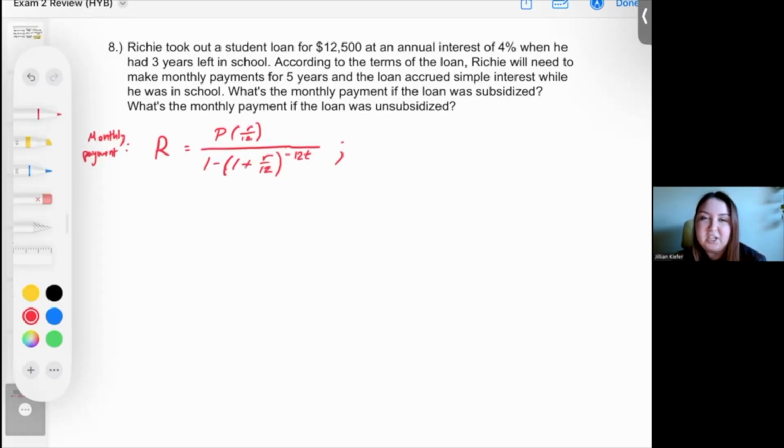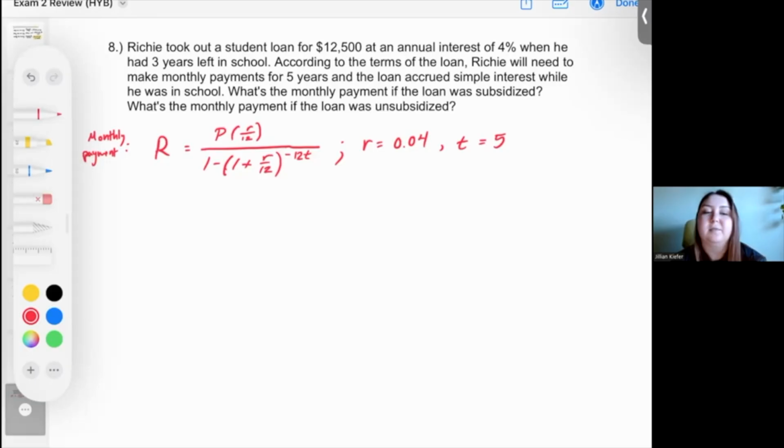So, all right. This is the formula we're going to use for both subsidized and unsubsidized. The only thing that's changing is the principal. So let's go ahead and determine what everything else is. So in our equation, we need to know the rate, which is R. For us it's 4%, meaning in decimal, it's 0.04. And then we have the time. So we have that graduated in 3 years, but the term of these payments is 5 years. So we're multiplying by 5.